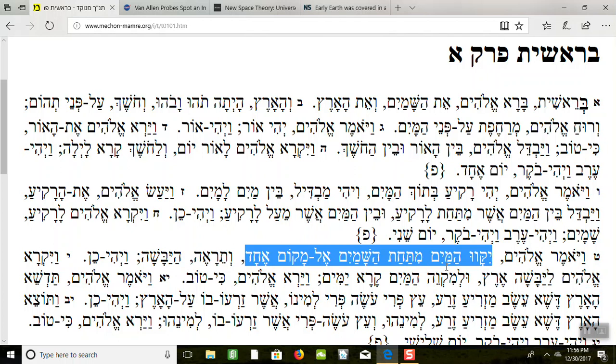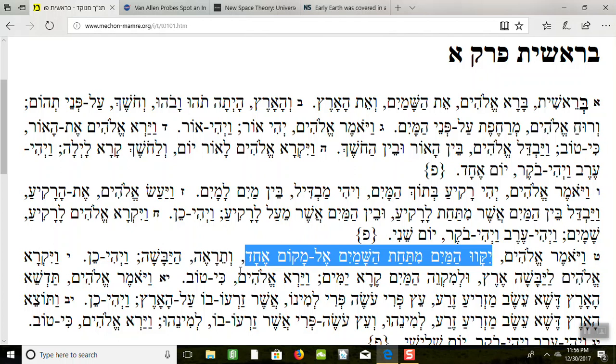So he said the waters were together in one place, and the next part, Vetera'eh hayabasha vayehi chen. Let me break this down. The dry land, the land, let it appear, and it was so.